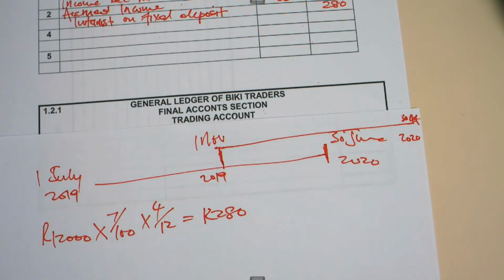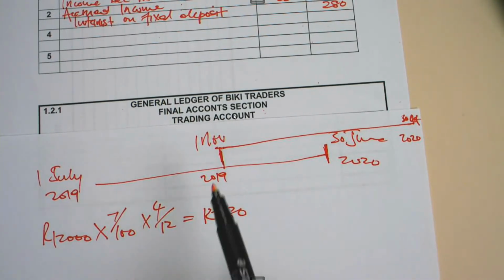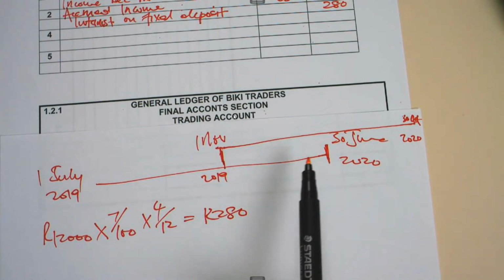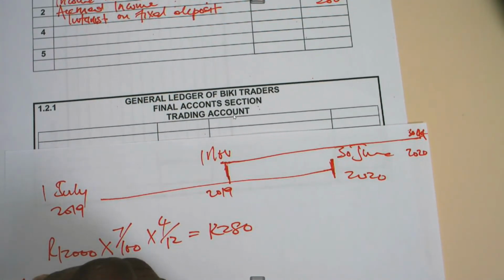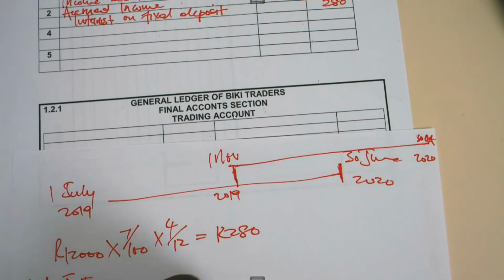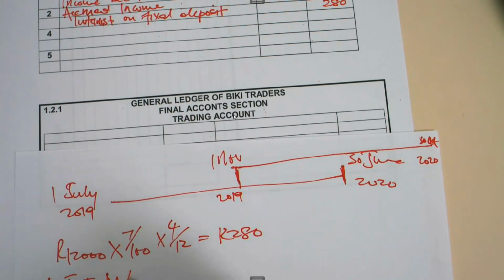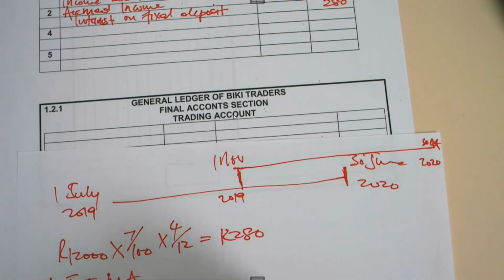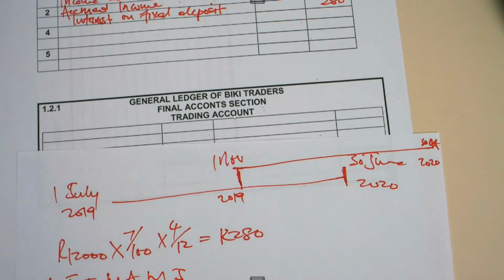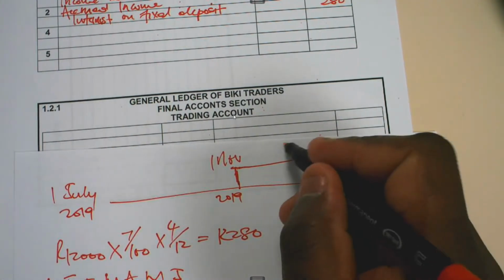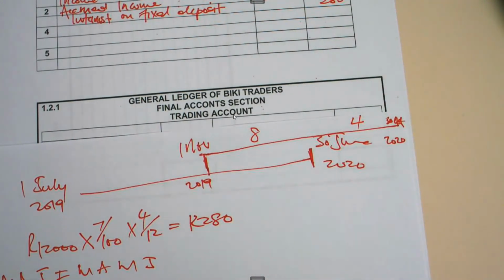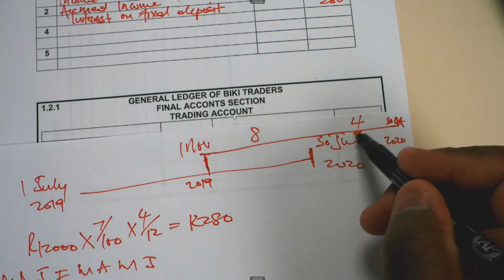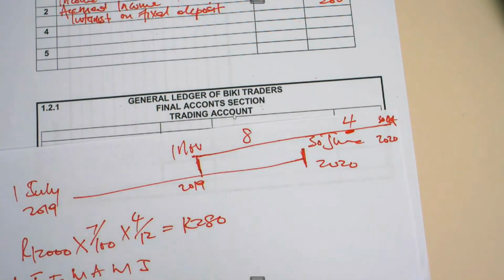Let us check from November to 30 June: November, December, January, February, March, April, May, June. How many months? 2, 4, 6, 8. Eight months fall within our financial year, and 4 months fall in the next financial year. That is what we want: the 4 months that that particular expense was prepaid for.